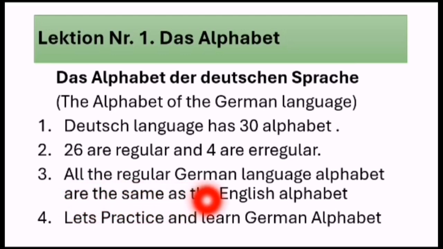All the regular German alphabet letters are the same as the English alphabet. This point is very worthy to be noted: German has the same alphabet in written shape as English has. Okay, let's practice and learn the German alphabet.